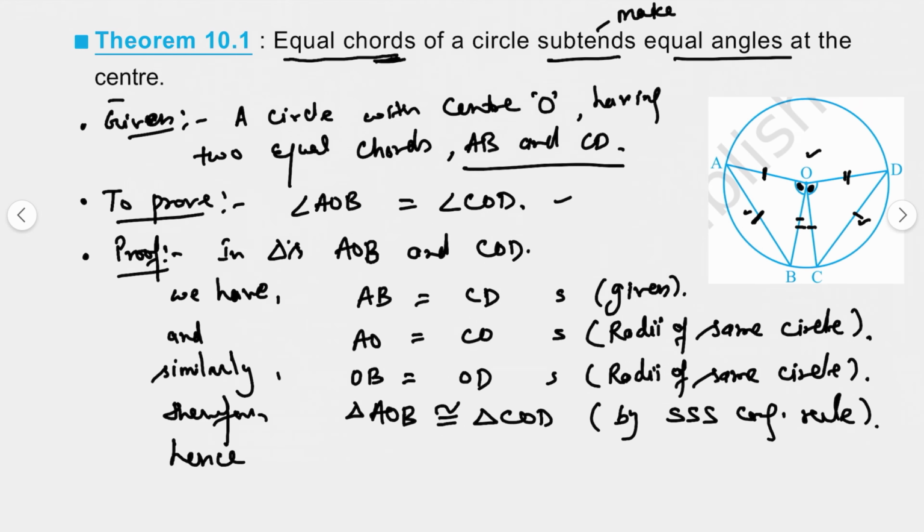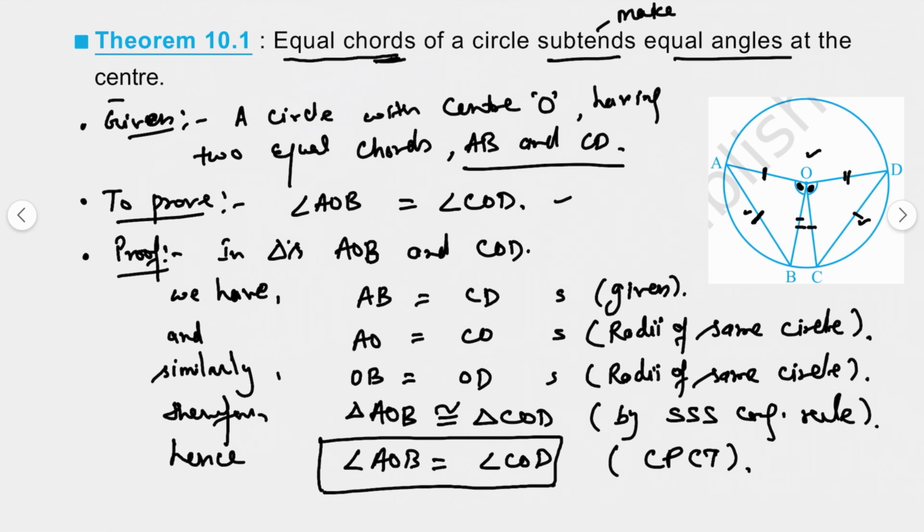Hence, angle AOB is equal to angle COD. This is by CPCT, that is, corresponding parts of congruent triangles are equal, and this is what we were asked to prove here, that the angles made by the equal chords of a circle at the center are equal. So that's the proof of theorem 10.1.